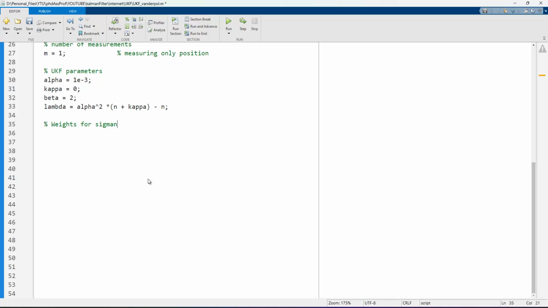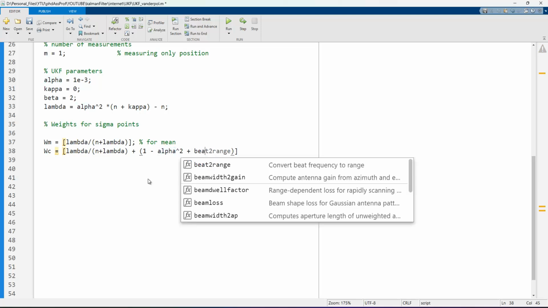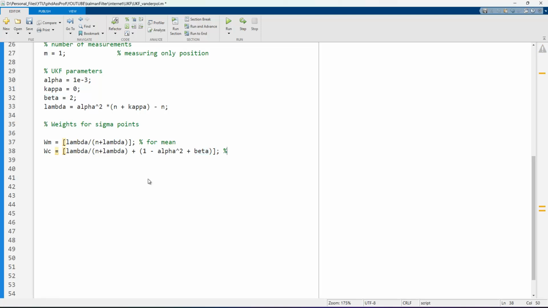So Wm is equal to, just remember the formula, lambda divided by n plus lambda. Okay, this is for the mean, and for the covariance we need lambda divided by n plus lambda plus 1 minus alpha squared plus beta. Okay, this is for covariance.